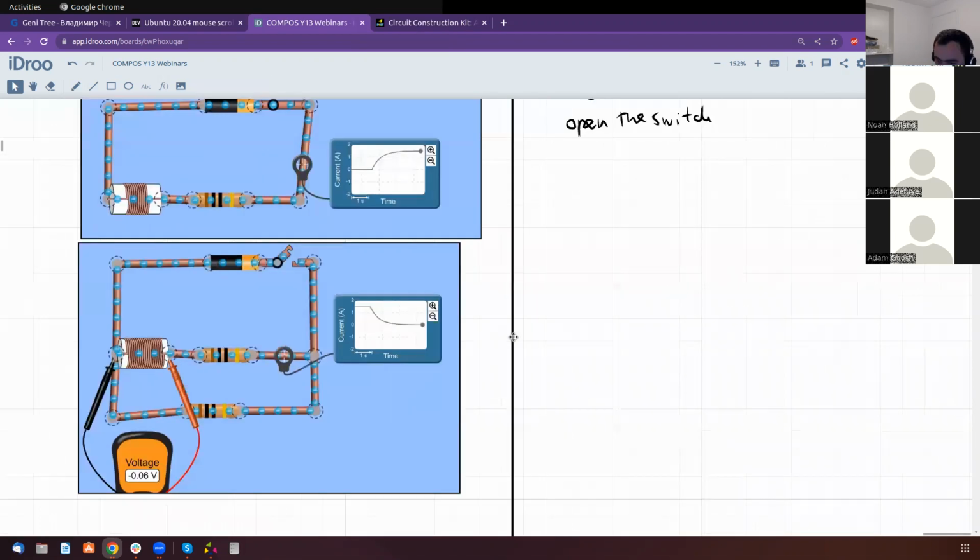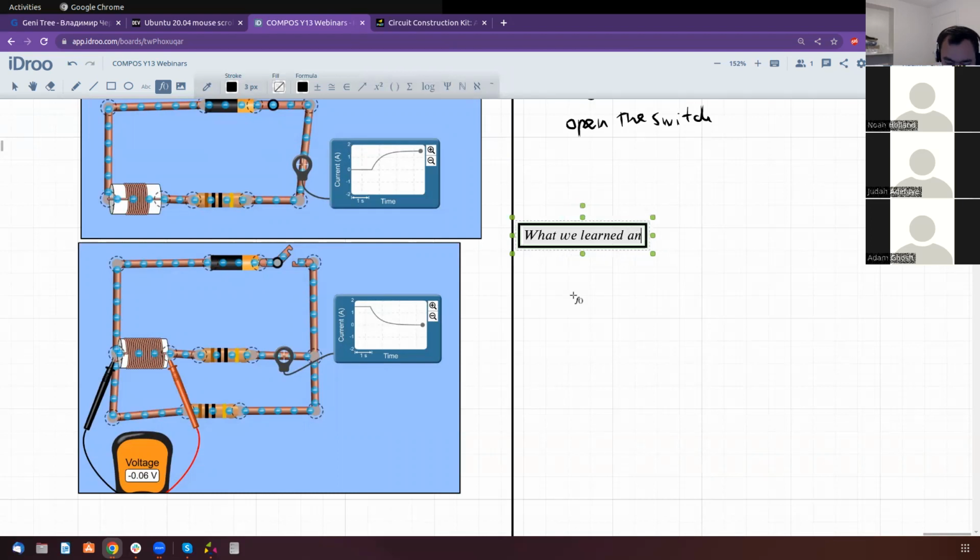So what have we learned? What have we learned about inductors?